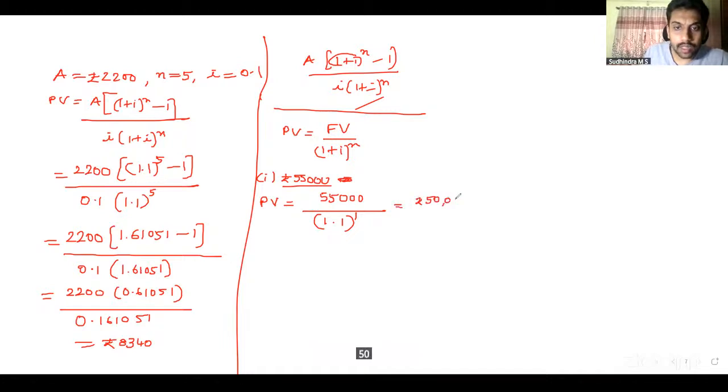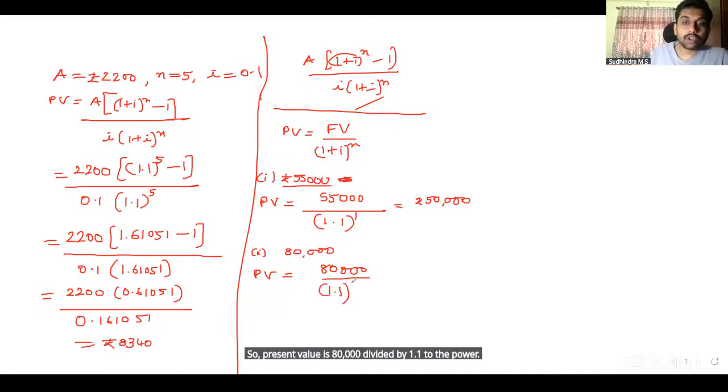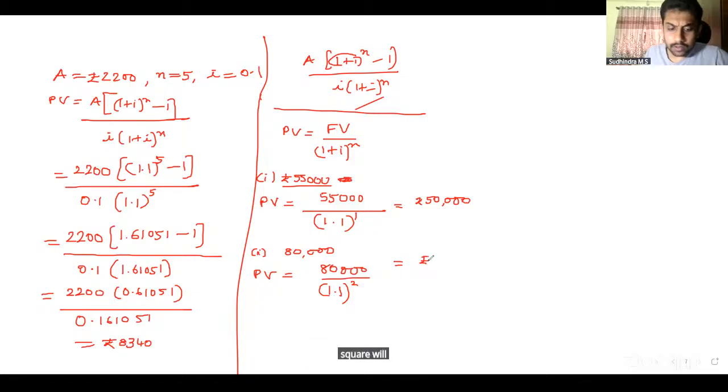Very good. Similarly, second year, the future value is 80,000. So present value is 80,000 divided by 1.1 to the power 2, because this is the end of the second year, so I have to come back 2 years. So 80,000 divided by 1.1 squared will give us 66,115.70, say 66,116. Then the third one, 15,000.